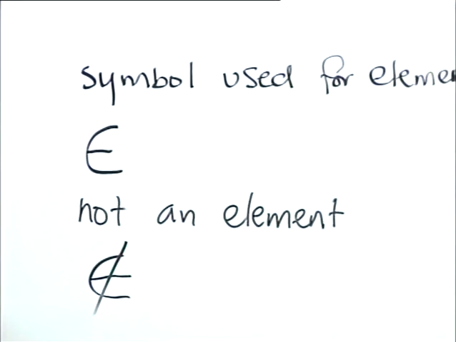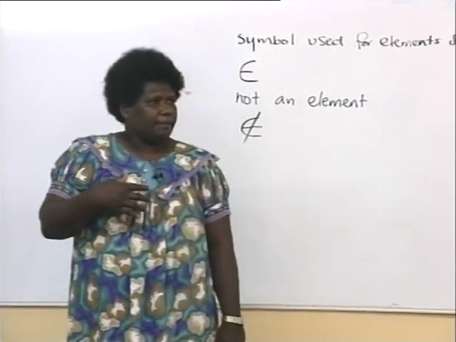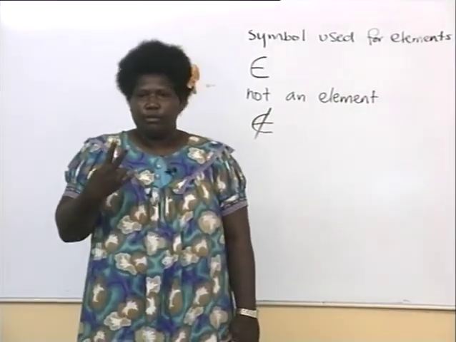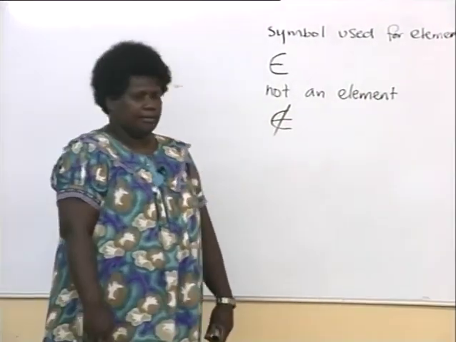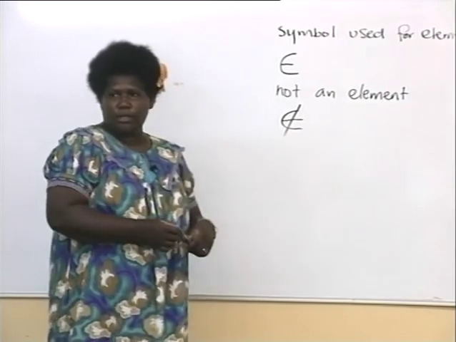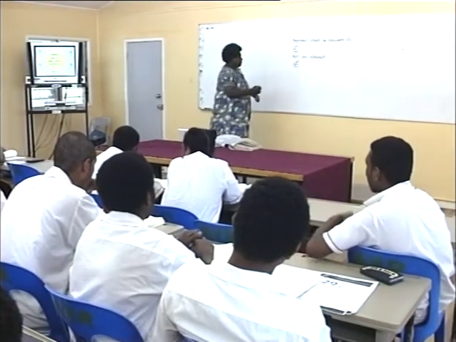Okay, what symbol do we use to mean an empty set? Okay, first of all, there are two symbols to mean an empty set. I want two symbols to mean an empty set. First one.